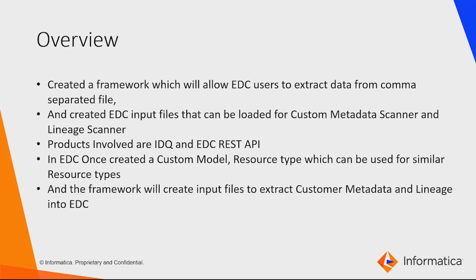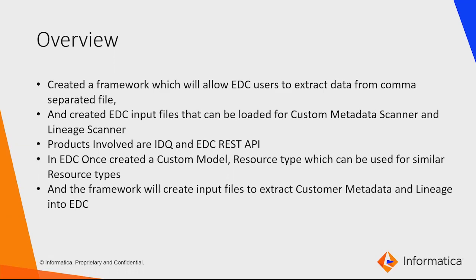Basically, they need to generate the input files: the object.csv file, which has the link and object file, and a custom lineage comma separated file, whenever you want to extract custom metadata or lineage into EDC. The products we have used to develop this framework are Informatica Data Quality and the EDC REST API framework.